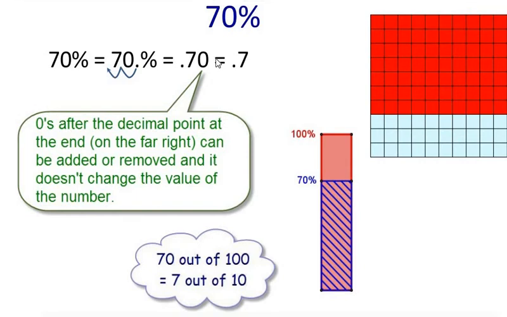It's meaningless. You can put as many zeros as you want without any value. It means nothing. You can leave it, because it's the same. 70 out of 100 is the same as 7 out of 10.